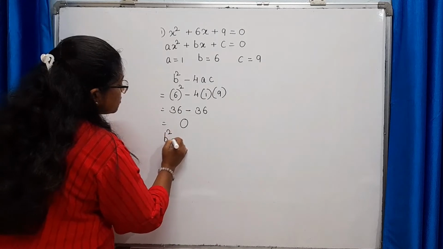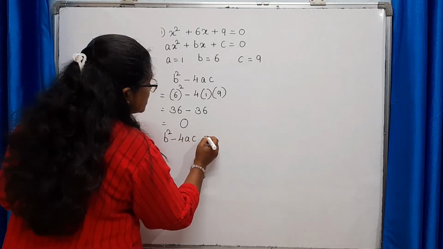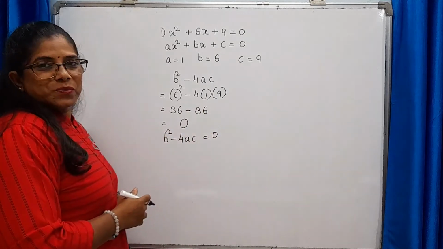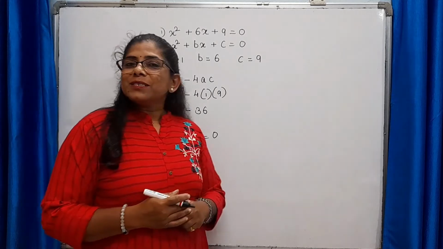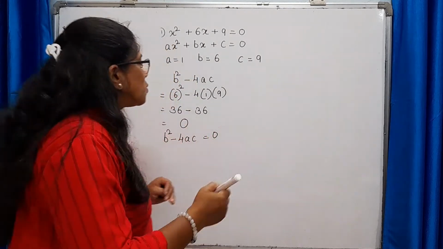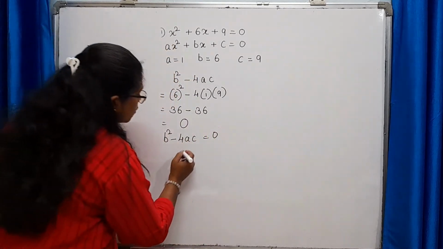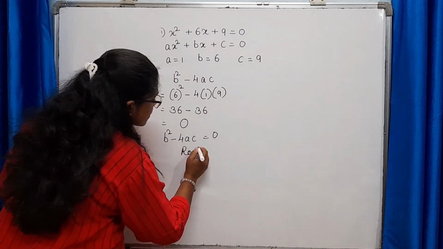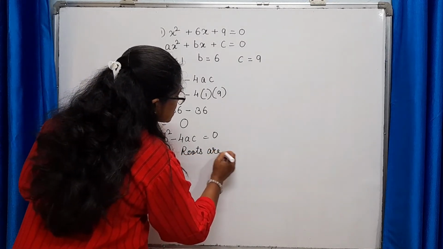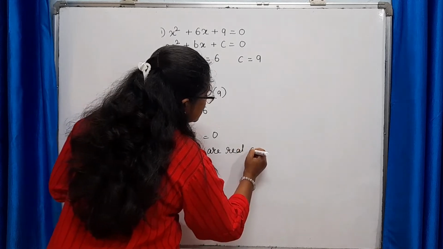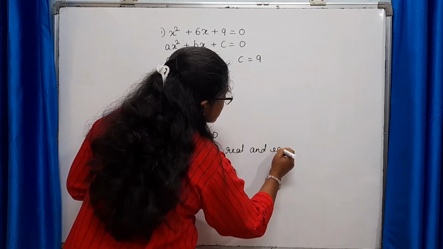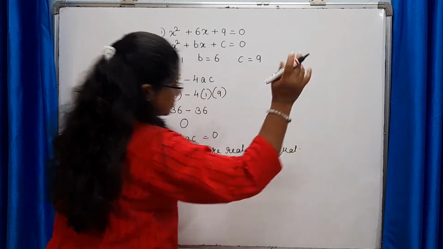So here b square minus 4ac is equal to 0. So when b square minus 4ac is equal to 0, how are the roots? Roots are real and equal.